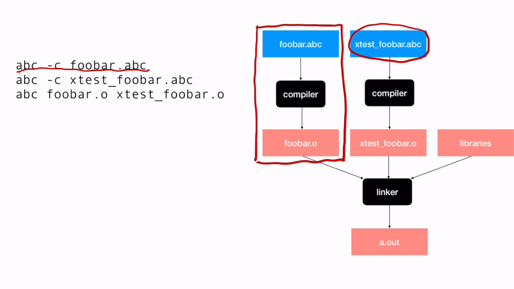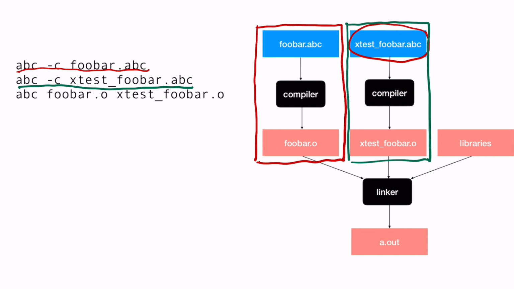Also, when you translate the test program into an object file, the compiler has no clue about the content of foobar.abc. So all these things in here are completely unknown to the compiler. It has to generate object code independent of this other source file. And the header file comes into this game for exchanging information between different source files.